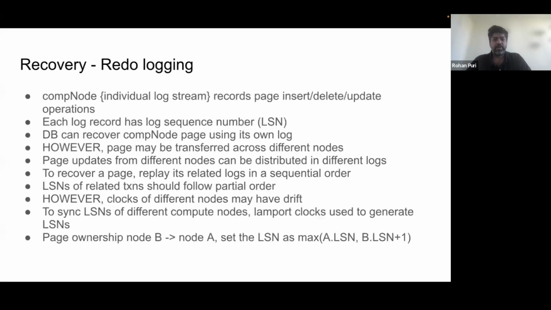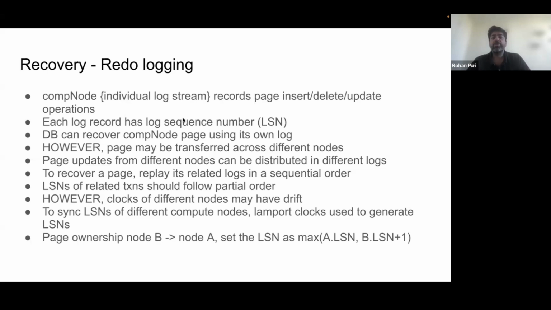So, tidbits about redo logging. As we discussed earlier, every compute node has an individual redo logging scheme where each operation to the page is recorded, and the log is also assigned a log sequence number.